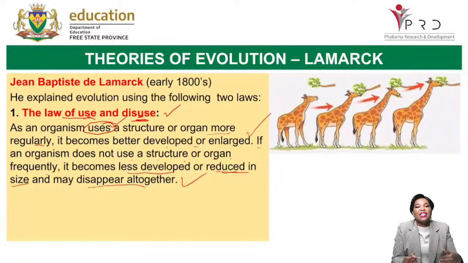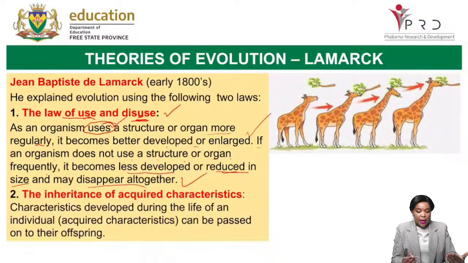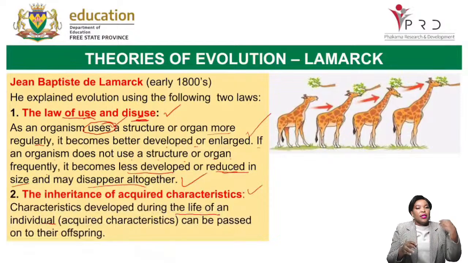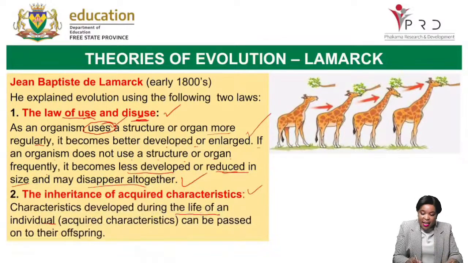Then you come to the inheritance of acquired characteristics. He doesn't end there. He continues to say, so this is the second law, characteristics developed. Now he's saying, those characteristics that are developed during the life of an individual, those that are acquired through a lifetime, can be passed on to the offspring.